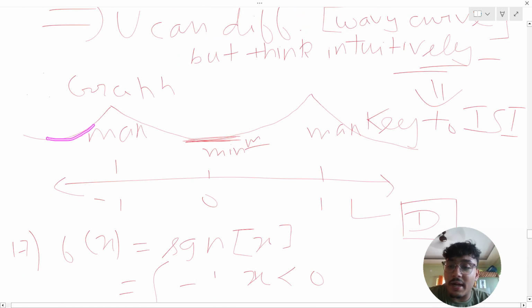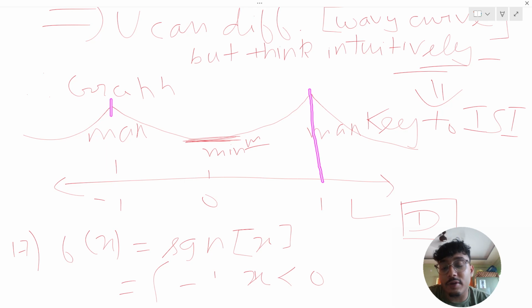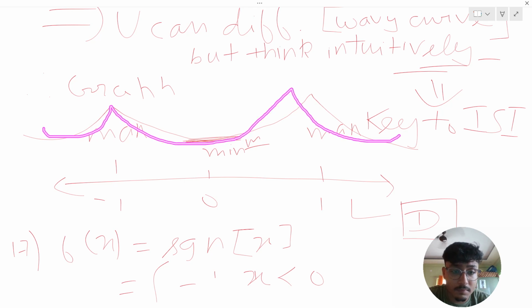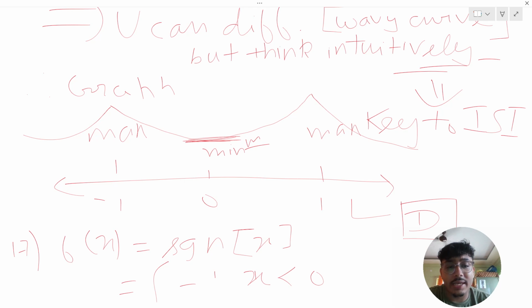So this is ultimately what our graph looks like. You get a maximum value at 1, you get a maximum value at minus 1, and you get the minimum value at 0. You see the wavy curve is being followed. So hence my option should be option number D.